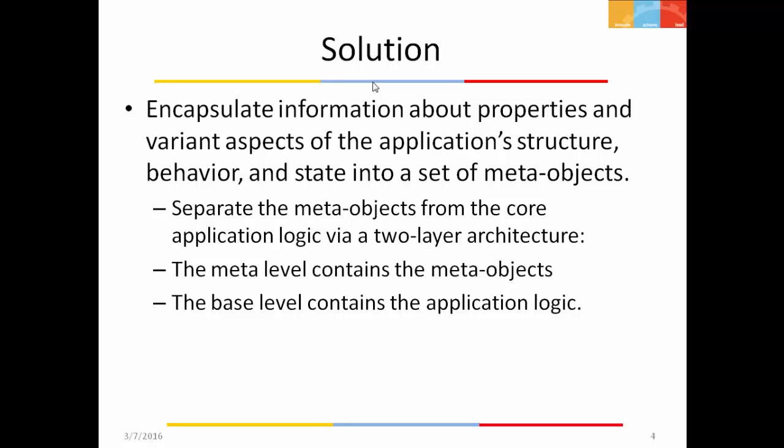The one at the base level, the layer at the bottom, contains the application logic. On top of that there is a set of objects called meta objects that contain various meta level information. And a very important part is that application logic and the meta object information are separated out.